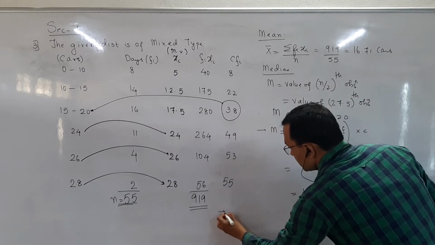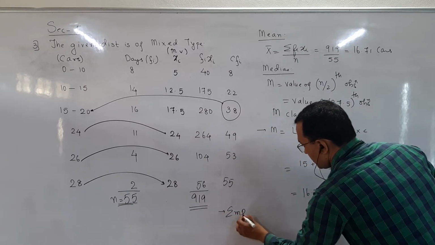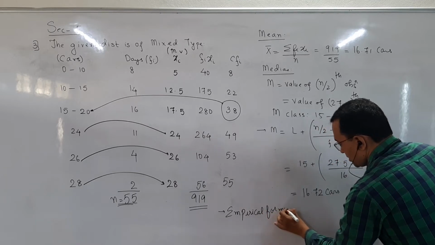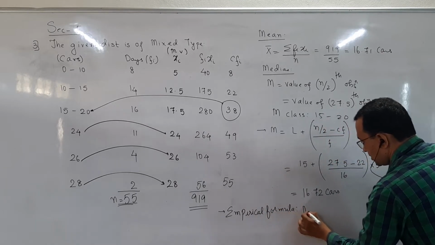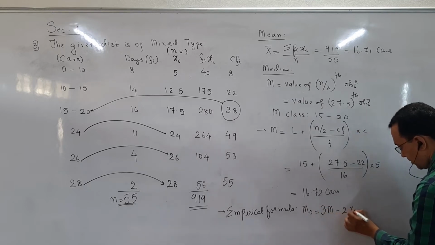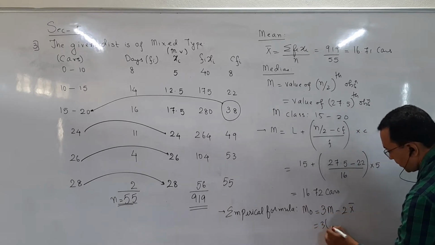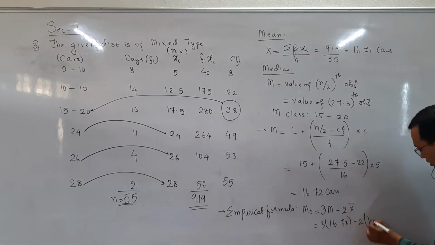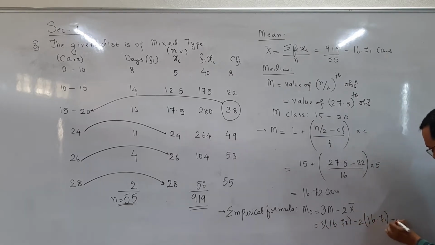Now, the empirical formula given by Mr. Karl Pearson. Mode is equal to 3 median minus 2 x bar. 3 into 16.72 minus 2 into 16.71. So roughly this is also 16.74 cars.